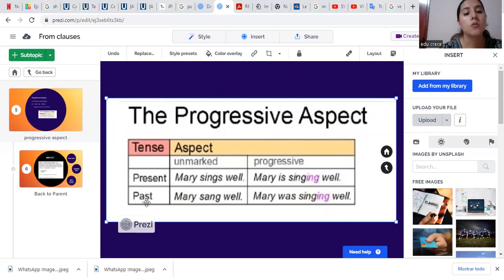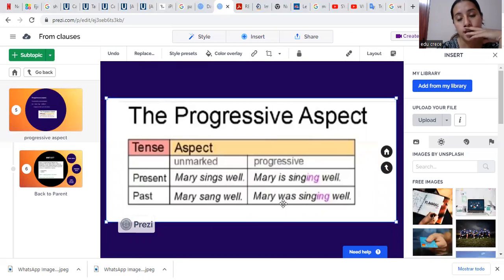In past, Mary sang well. In progressive, it will be Mary was singing well. In past, you need to use the verb to be.